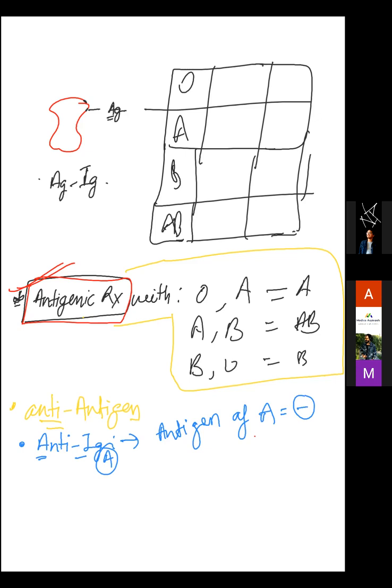What will be the next step? Next step, they will say it also does not react with the anti-antigen of B. So simply antigen of B is also not present. When antigen of A and antigen of B are both not present, that moment you declare it as AB.